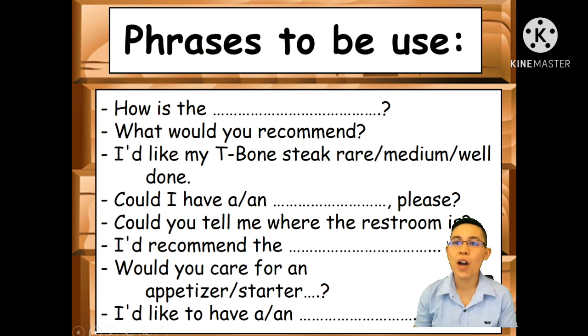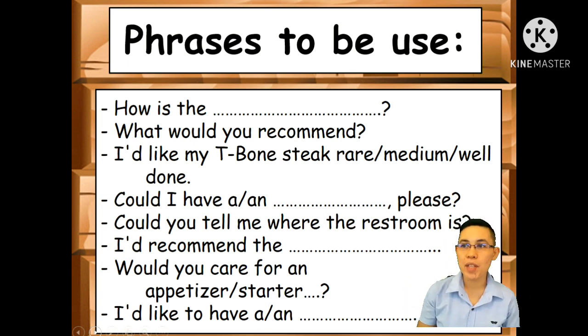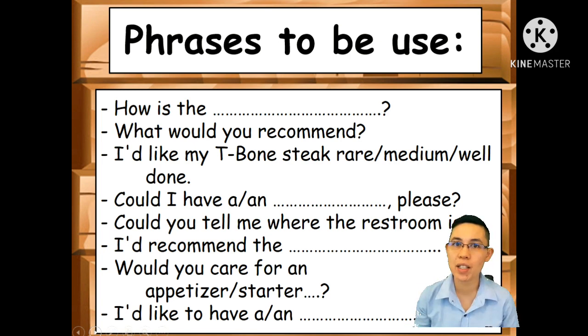Okay, now next we have, would you care for an appetizer or starter? Because some of us prefer to have appetizer first. Appetizer is actually to boost your appetite. Or sometimes we want to eat a starter food that they have.